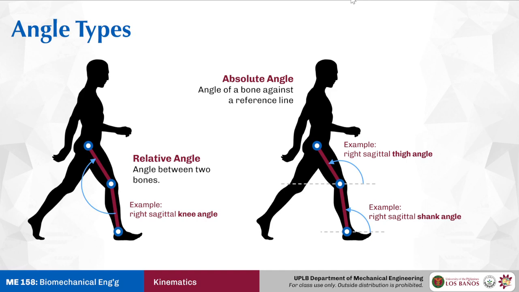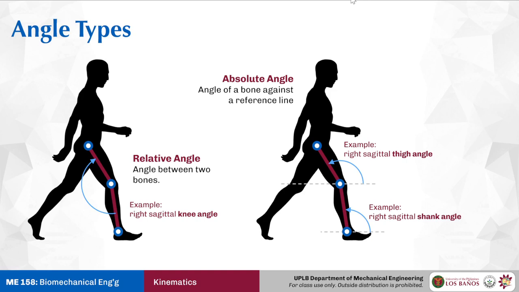You also have the shank angle. Yes, your shin is also your shank. I think shank is the more common term for animals. You can see here these angles have little extra names attached. For example, the knee angle example here has right sagittal knee angle.